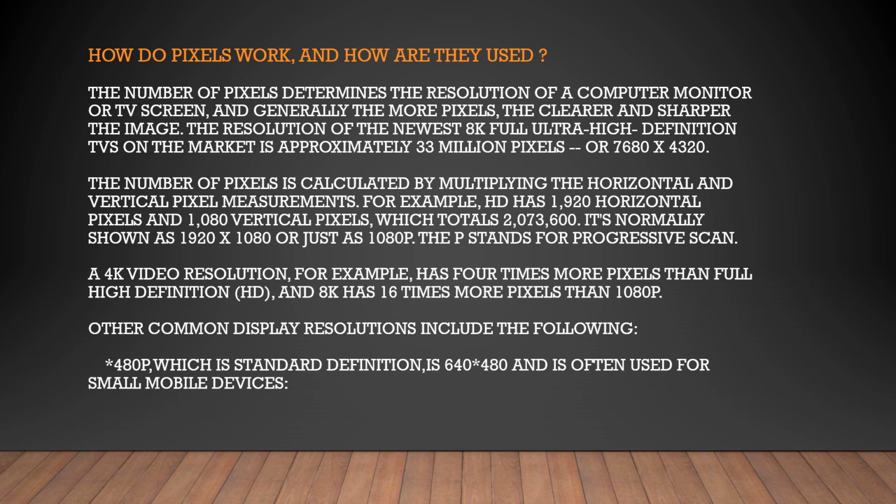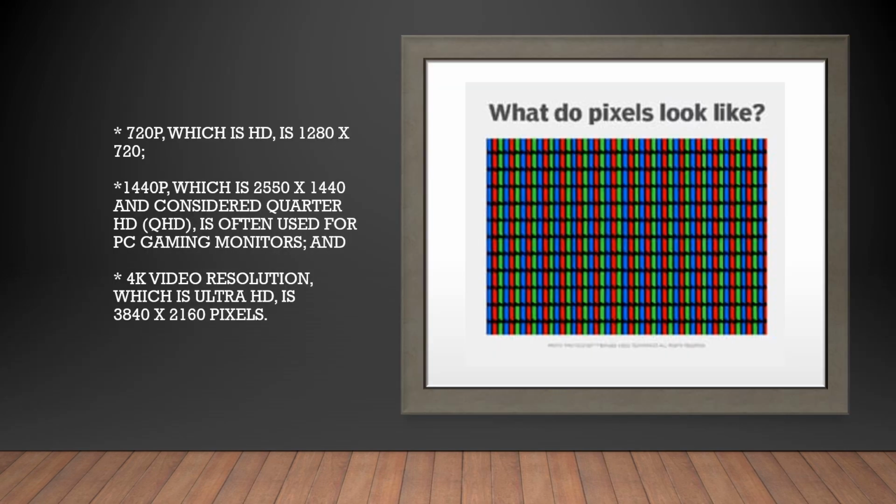Other common display resolutions include the following: 480p, which is standard definition, is 640 x 480 and is often used for small mobile devices. 720p, which is HD, is 1280 x 720. 1440p, which is 2560 x 1440 and considered Quarter HD, is often used for PC gaming monitors.